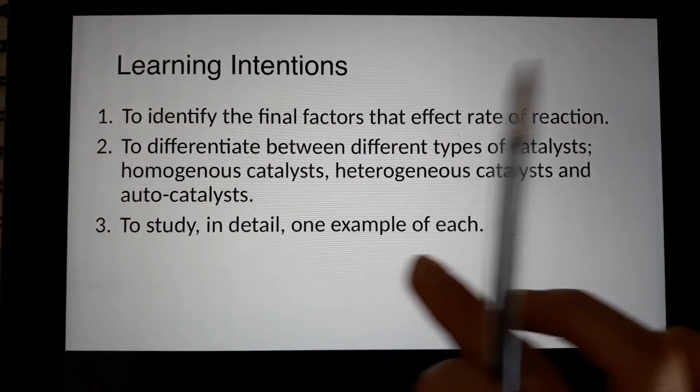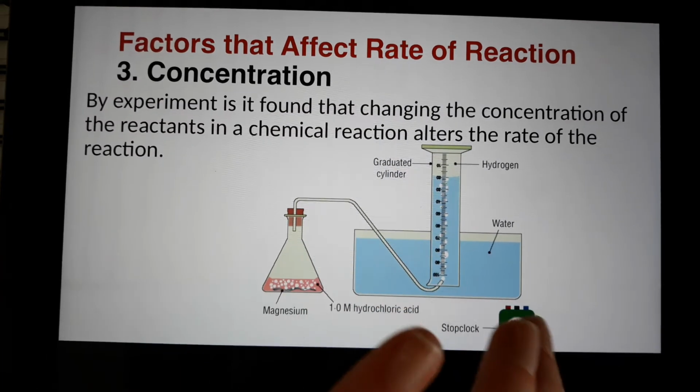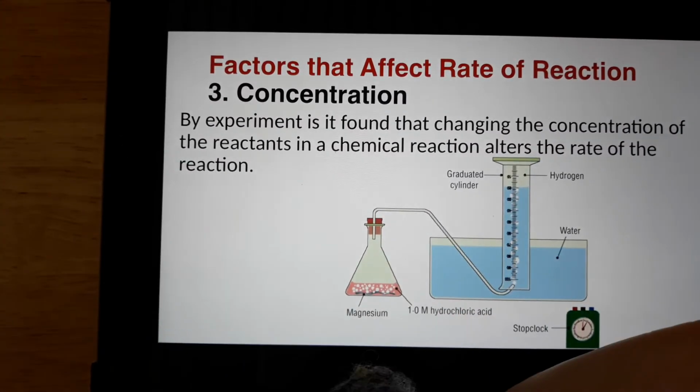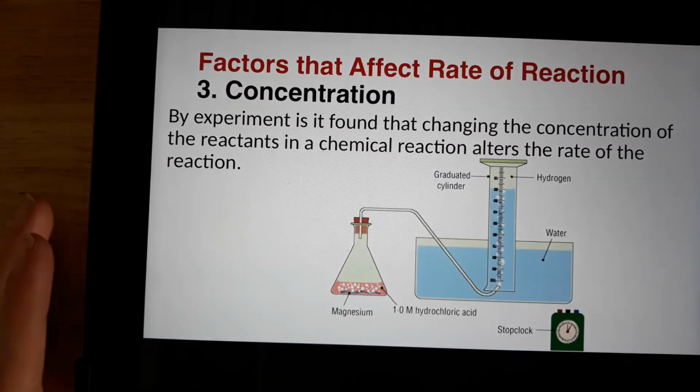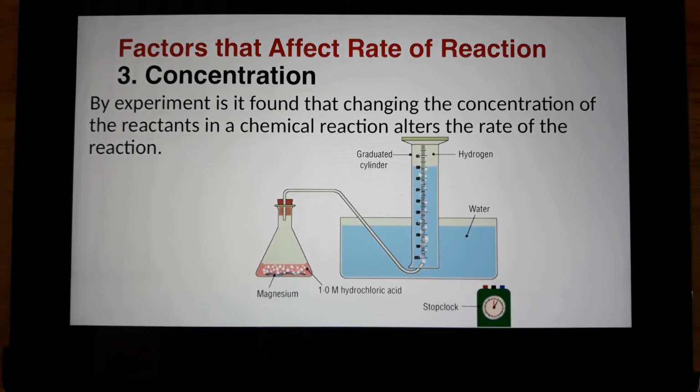Now, the next thing we're going to look at is concentration. Concentration is another factor that affects rate of reaction. It would be very clear to you if I had three different glasses of my orange squash and they were all of different concentration. You'd be able to tell me very quickly one of them is very dilute, one of them is very concentrated, just by looking at the colours.